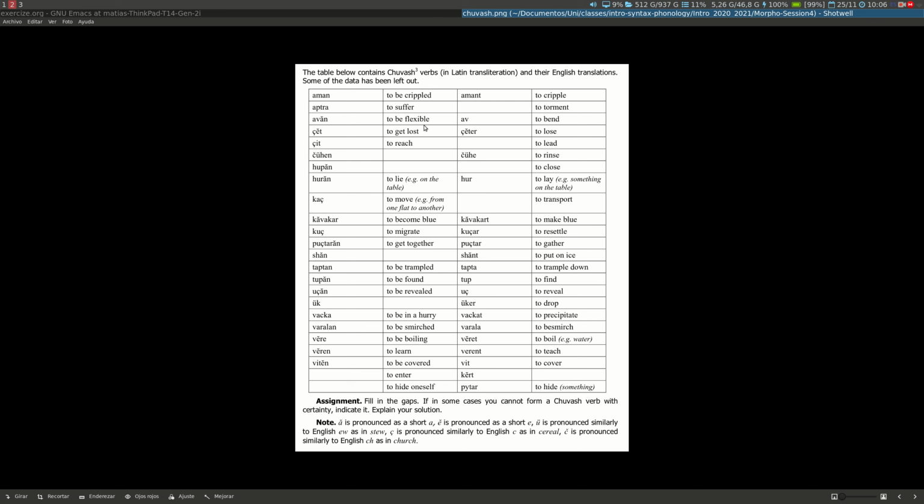And the translations seem to be either passivized or some kind of voice alternation where the agent is the object here.